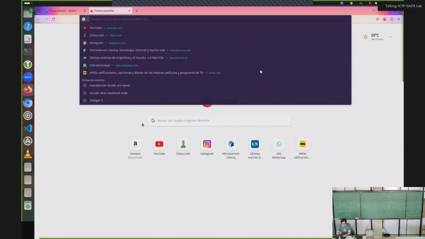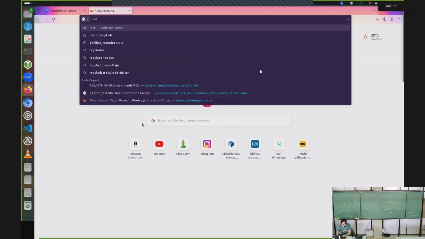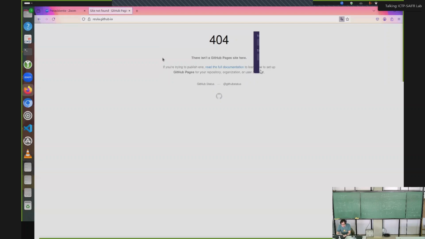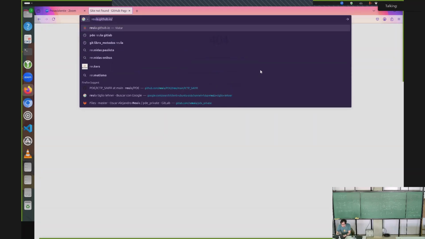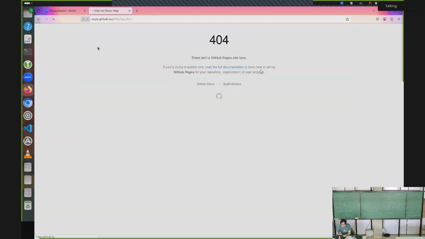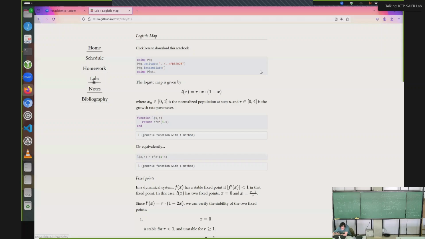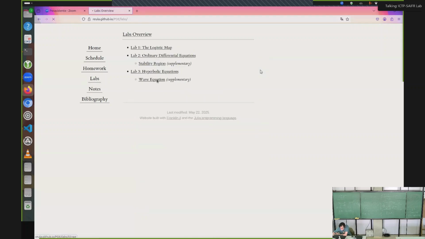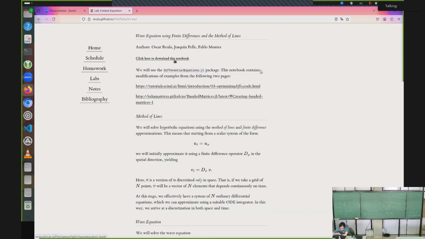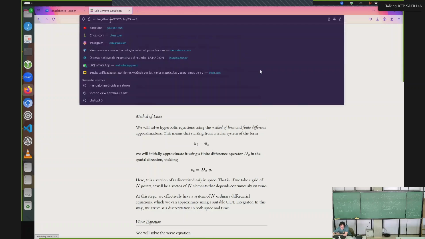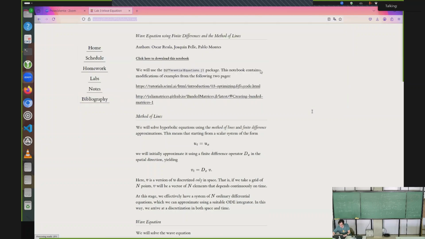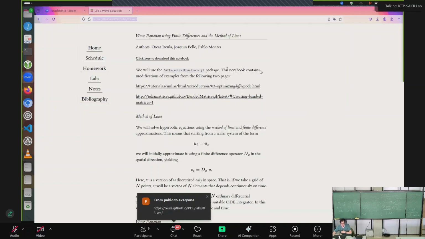Here, so labs here, wave equation supplementary. Click here to download this notebook. Yeah, this you can find it here. You can always download the notebook from there.